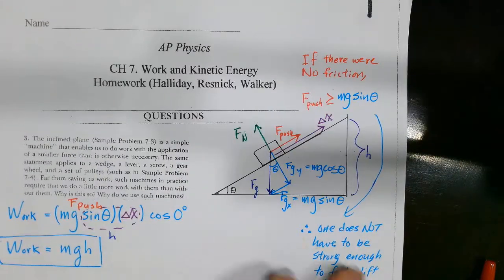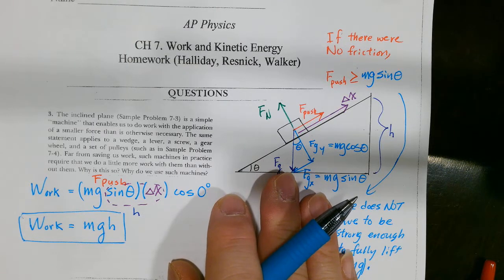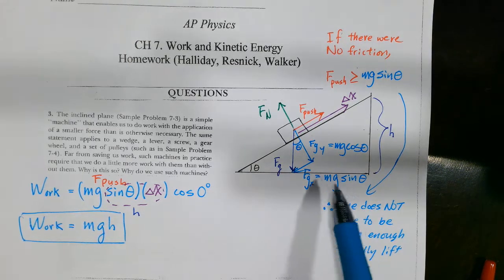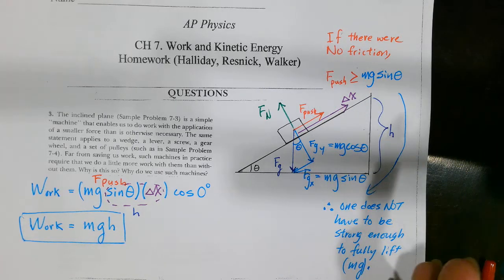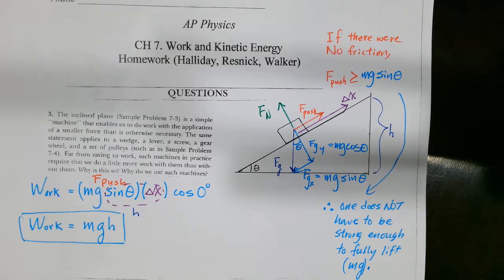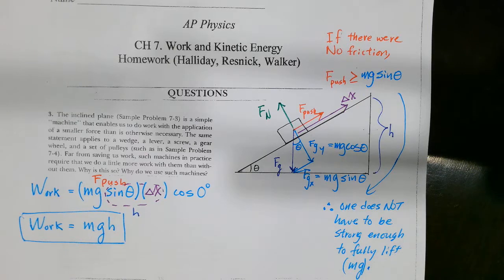So it seems like we're getting something out of nothing. Is that true? Well, the less force we use, the more distance we have to travel. So we're really not getting something out of nothing. We still have to go a longer distance to do the same amount of work.